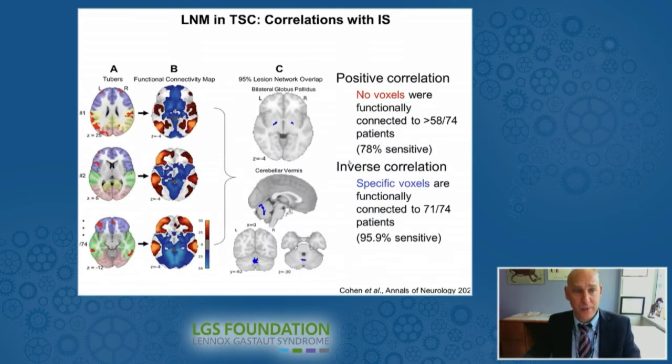So we did the same thing for infantile spasms, and the tubers were widely distributed. Here's an example. Patient number 1, patient number 2, all the way to patient number 74.